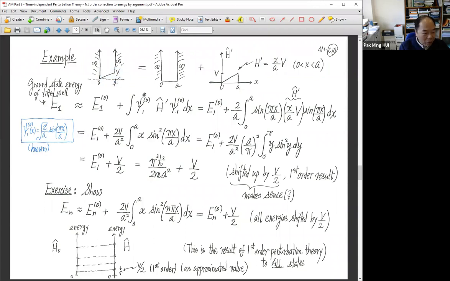So from our formula, we know it is the ground state energy plus a correction term due to H prime, first order. So the ground state of the solvable infinite well is square root of 2 over a times a sine function.